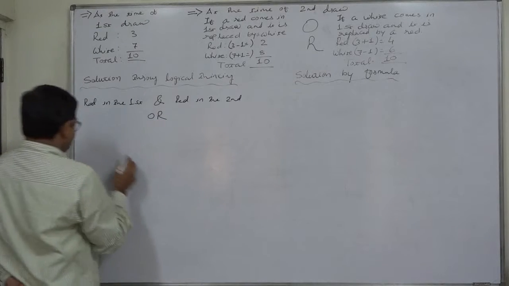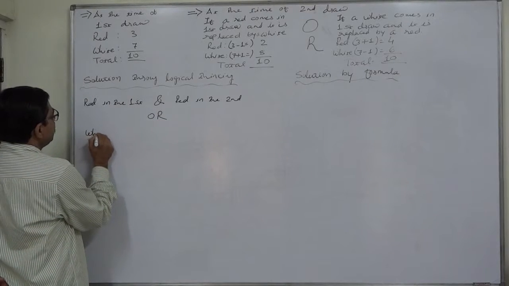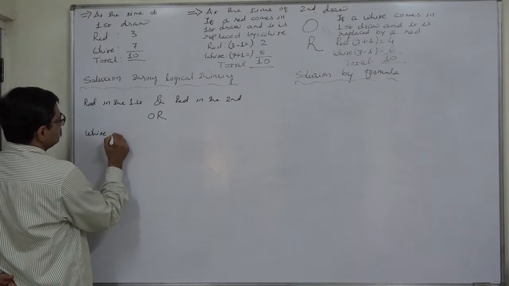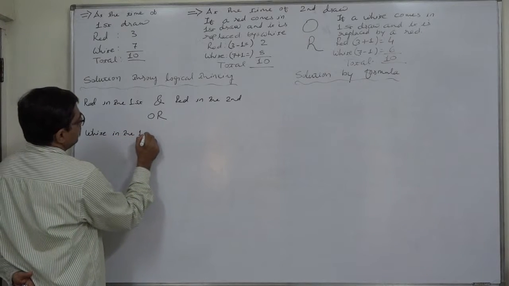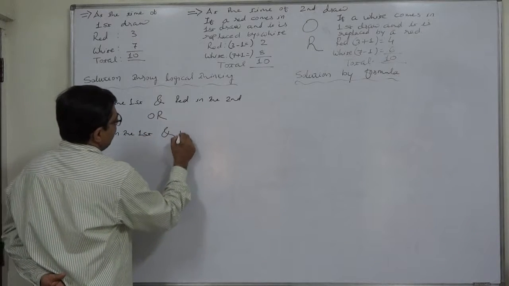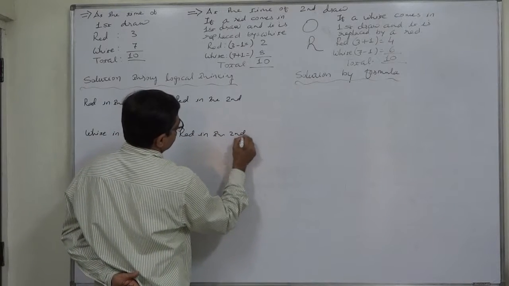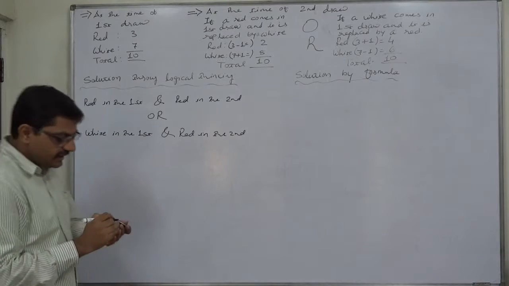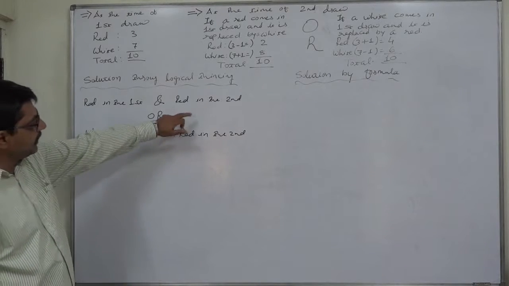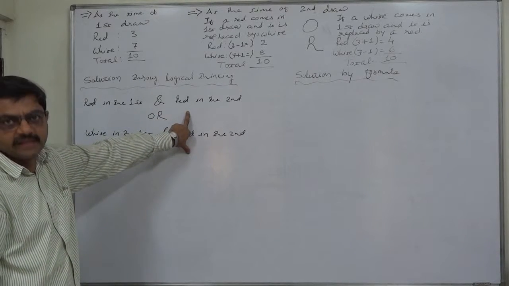Or a white ball is drawn in the first draw and a red in the second. See, finally we are interested in calculating the probability that red ball comes in the second draw.